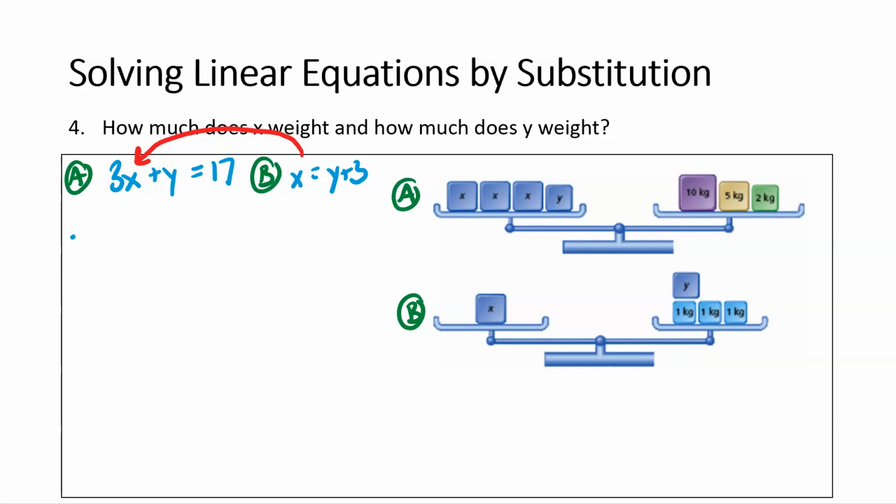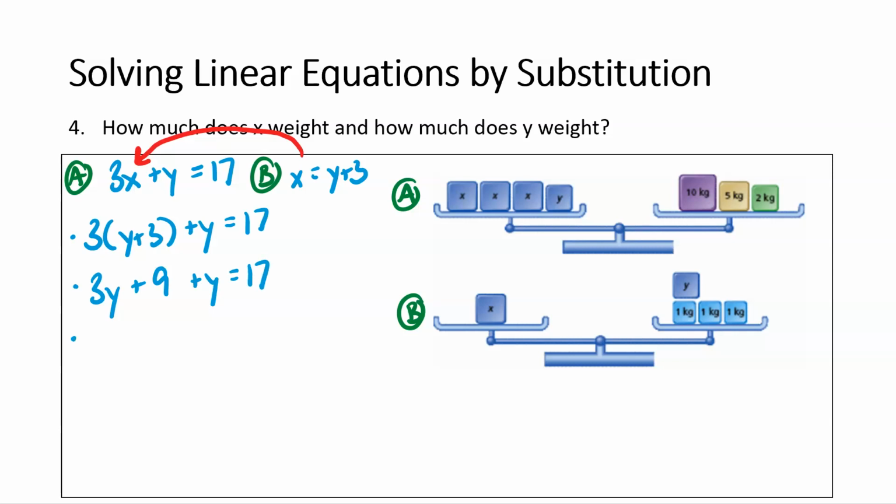So what we can do is we can take 3 multiplied by x, which is y plus 3, add it to y, that equals 17. Solve for y now. 3 times y is 3y, plus 3y, and then 3 times 3 is 9, plus y equals 17.